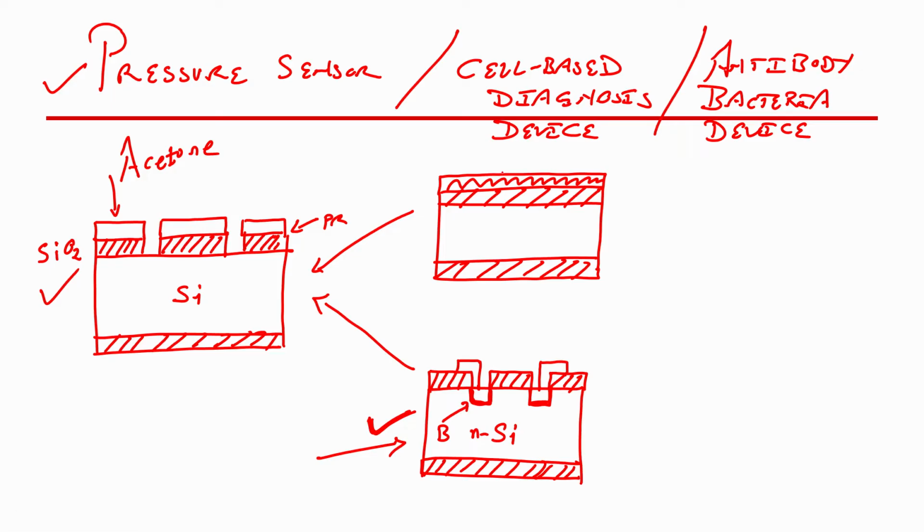In this case, I will perform photolithography again. That means we will spin coat photoresist, then we will have the mask, which in this case would be like this, and this area would be protected.